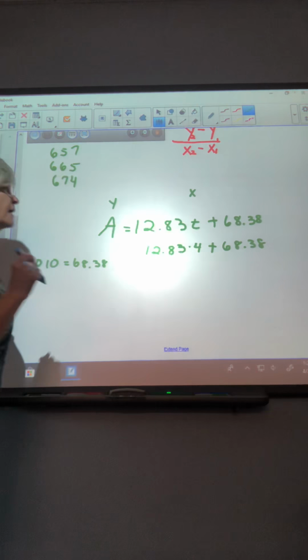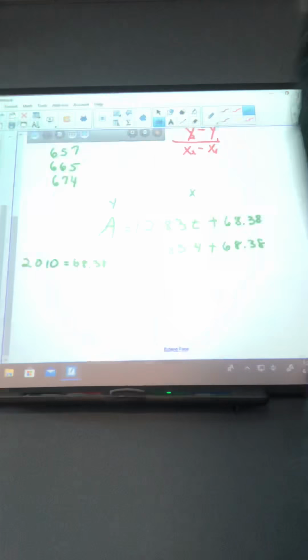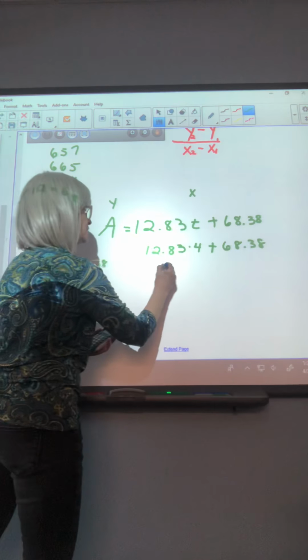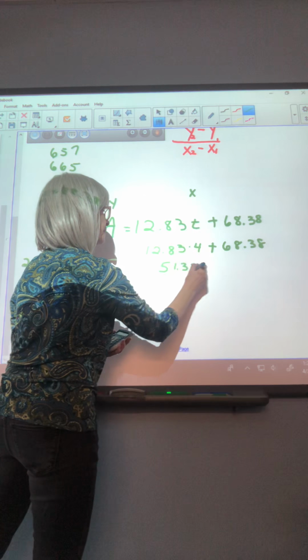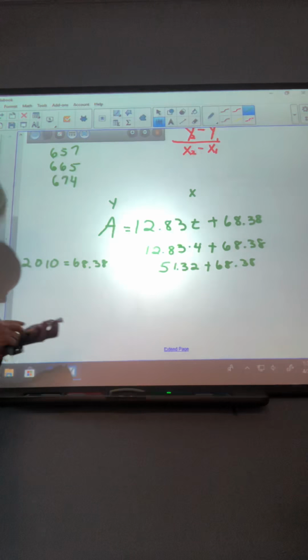So 12.83 times 4, and I've got to grab my calculator. So 12.83 times 4 is equal to 51.32. And then we're going to add the 68.38 to that, so plus.